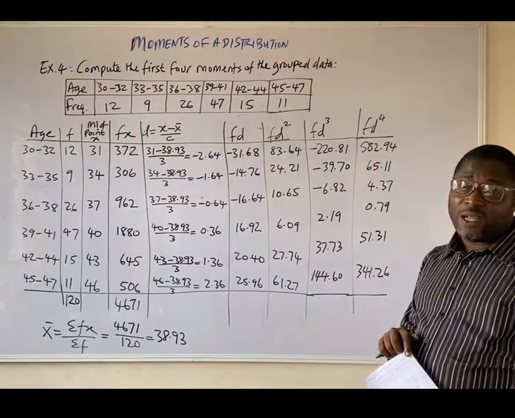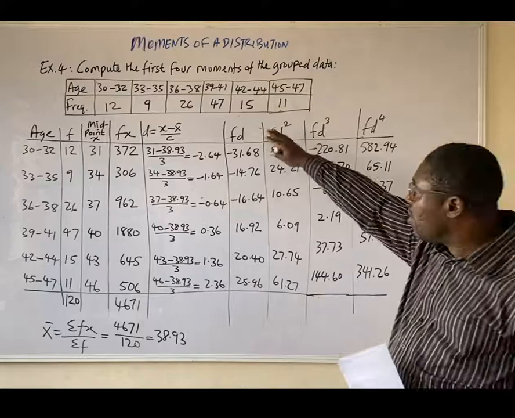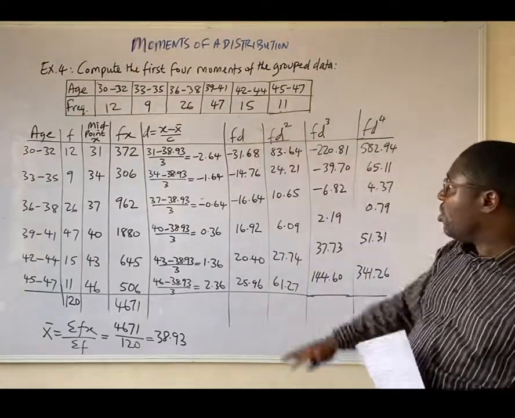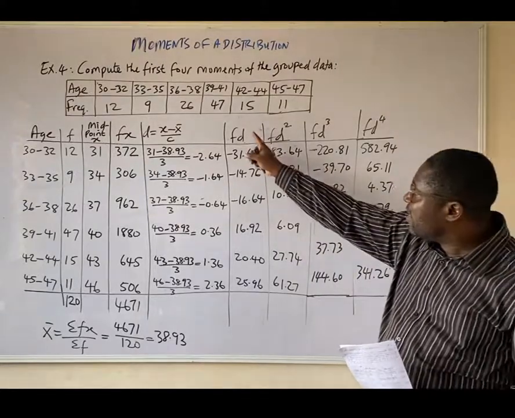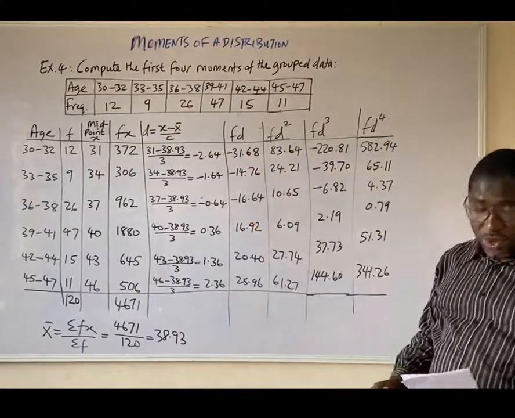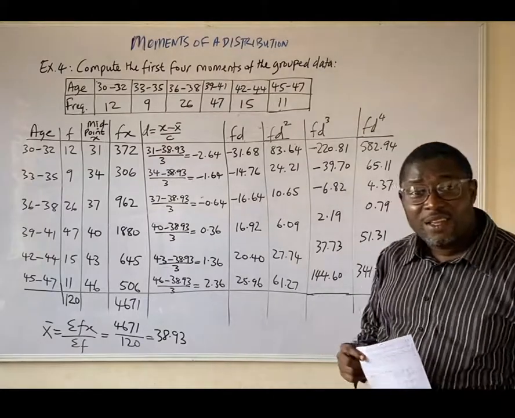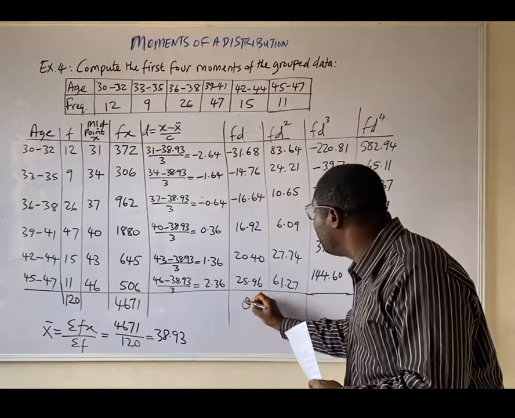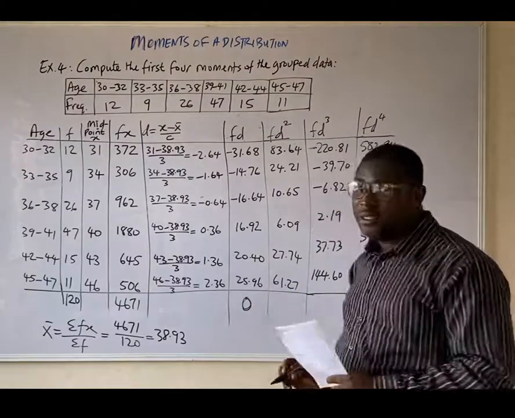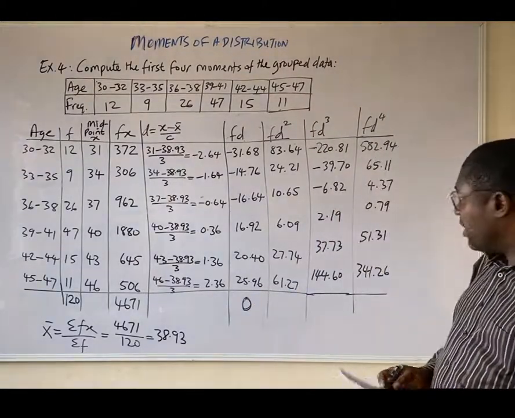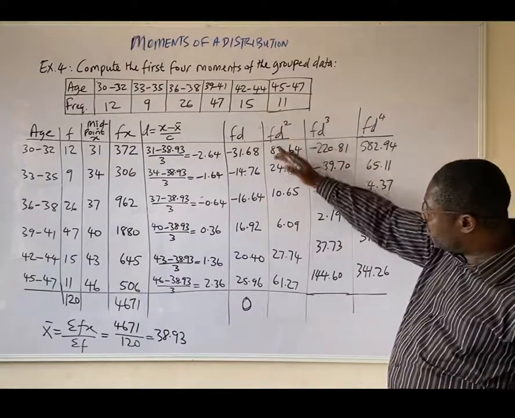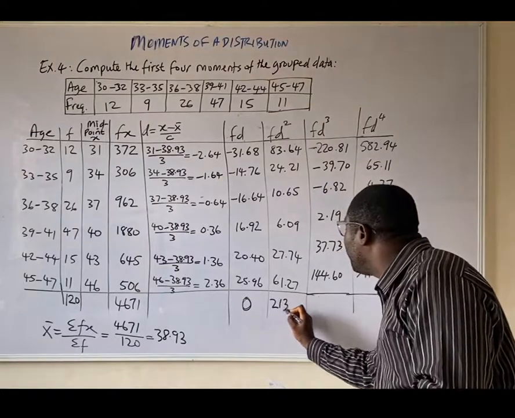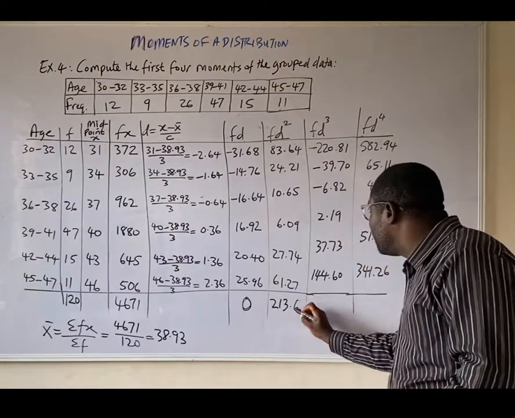Yes, we now calculate the summation of the deviations, the degrees of deviation. What's your answer for this one? What you should have should be 0. Thank you. It should be 0. Whatever decimals you have beyond that you can ignore. The summation of this, please do that quickly. What you should have is 213.60.